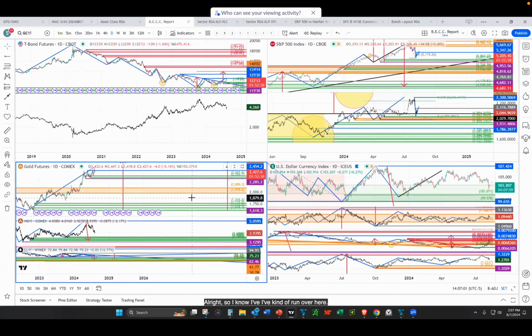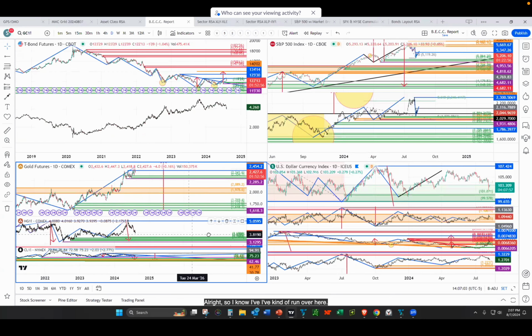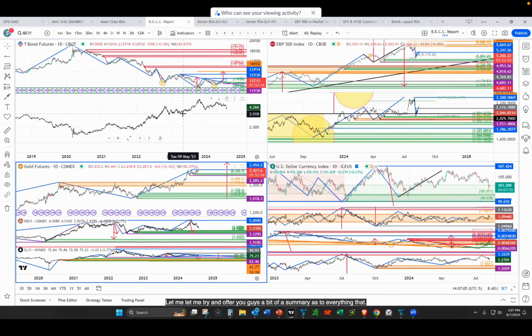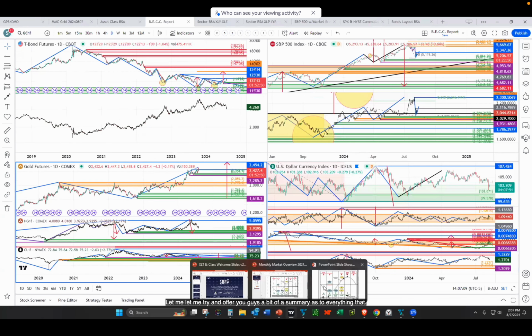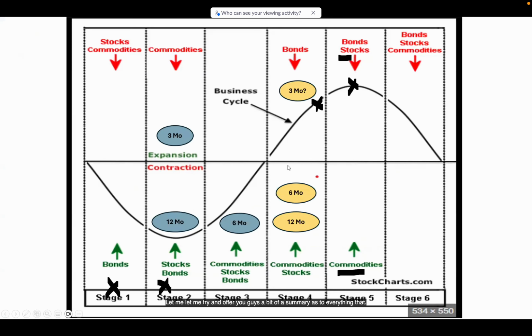All right, so I know I've run over here right now, but let me try and offer you guys a bit of a summary of everything that we've looked at, right? So the first thing that I ever do is I look at the asset class rotation to see where we're seeing the performance to suggest where we're at.